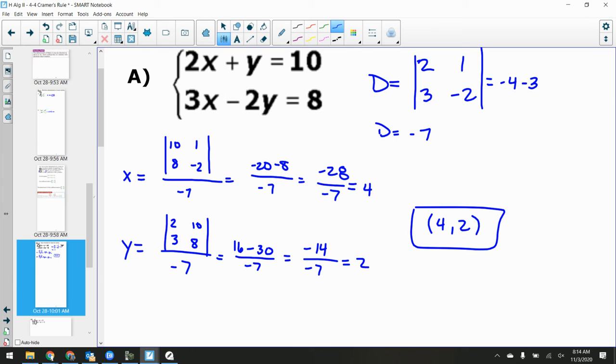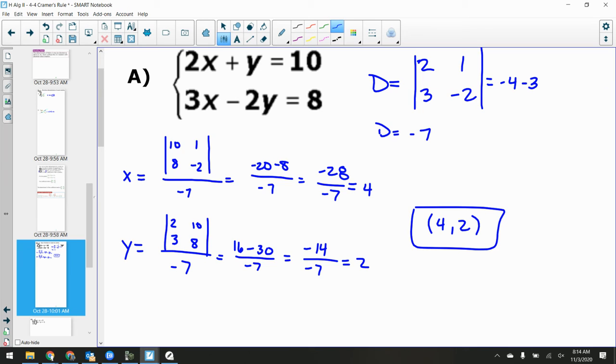Thank you. Welcome. Now, as I was saying, the cool part about this is, did X depend on Y? No. If I get X wrong, does that force my Y to be wrong? No. Which, when we were doing substitution and elimination, if you got your X wrong, did you get your Y wrong?